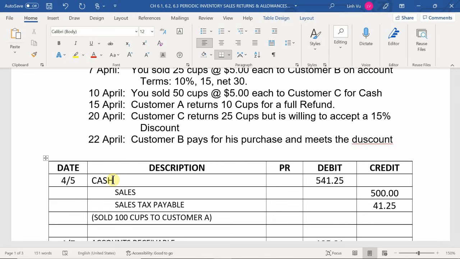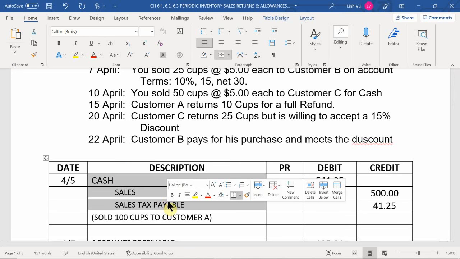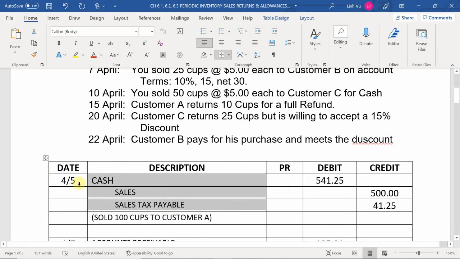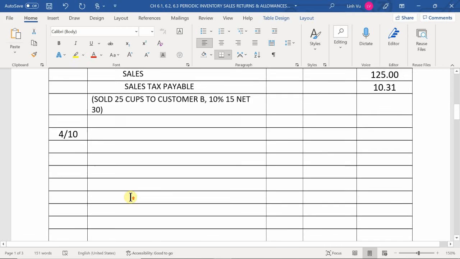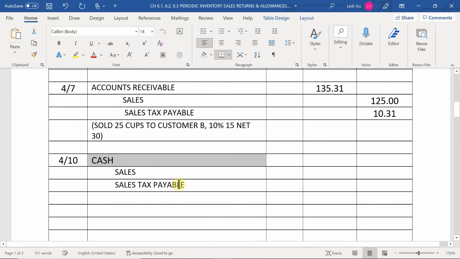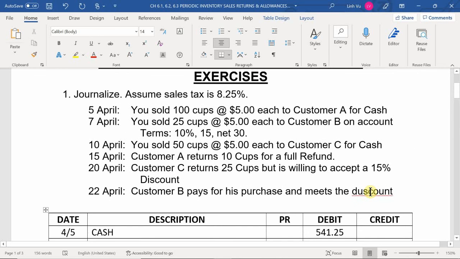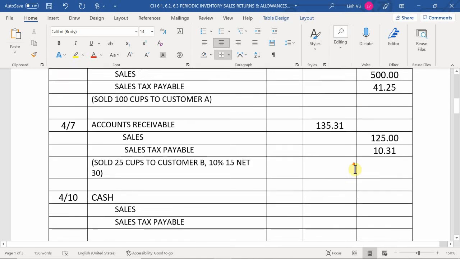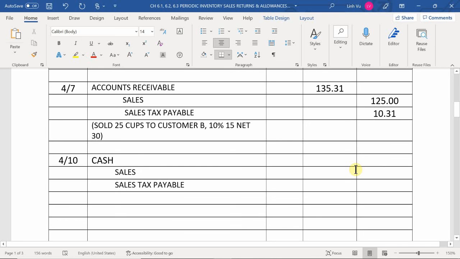Cash, sales tax payable. Good, right? Okay, so in this case, what was my total amount of sales? If I sold 50 for $5 each, how much is my total sales? 250. Good. How much is my tax?